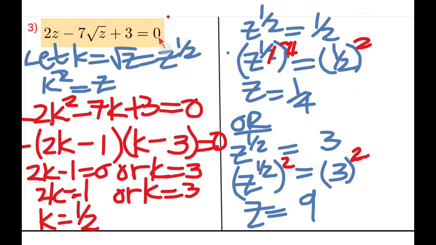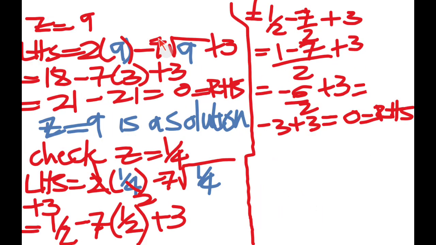The right hand side there. Meaning that therefore z equals 1 over 4 is also a solution.